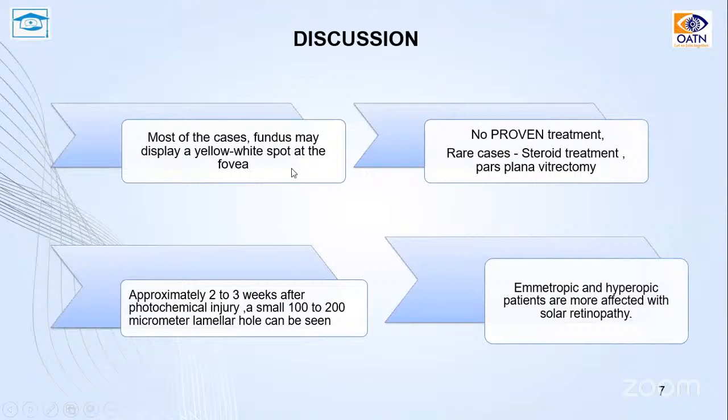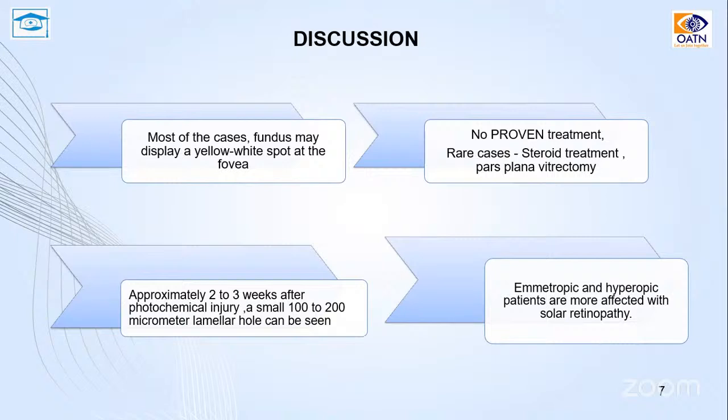These were the points discussed. In most cases of solar retinopathy, the fovea has a yellowish white spot, and there is no proven treatment for solar retinopathy. In some cases, steroids are tried, and pars plana vitrectomy is one of the surgical options for laminar hole. After photochemical injury, 2 to 3 weeks later the patient can develop a laminar hole in some cases.